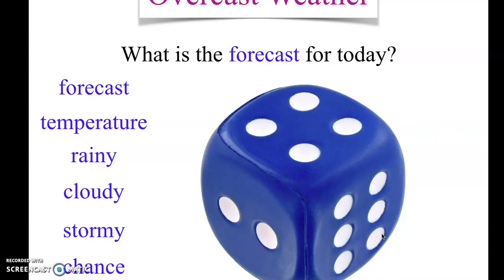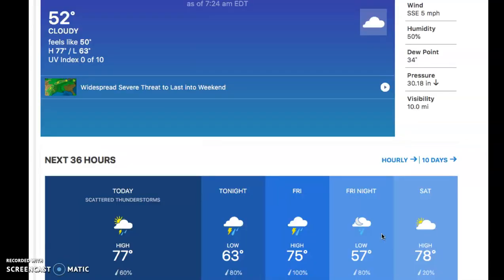Okay. All right, so let's look at our forecast here again, some of the things on this forecast. So this forecast right now is giving us 36 hours, so sort of a day and a half. And you can see down here it's for today, so it was this morning, tonight, Friday, Friday night, and Saturday.